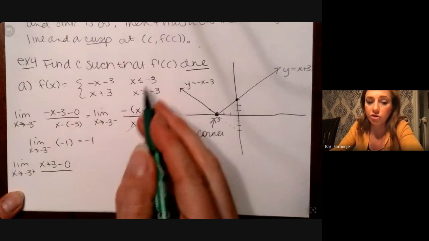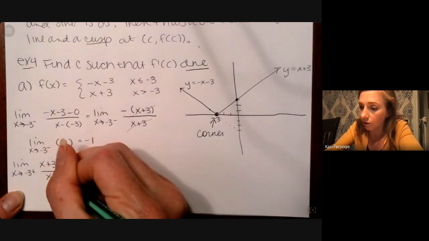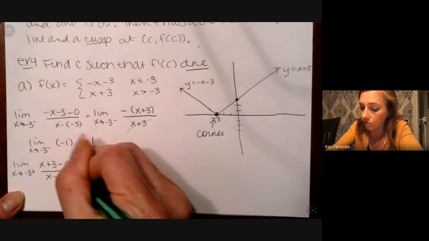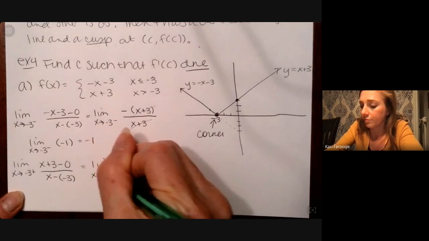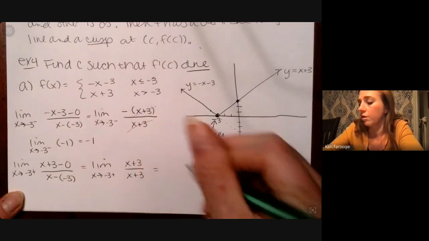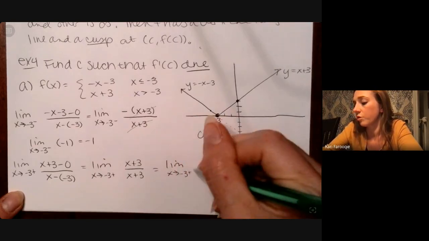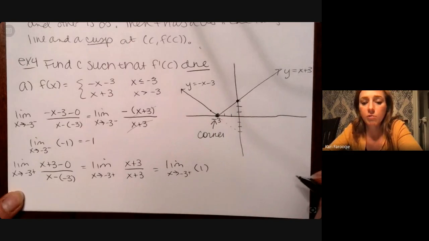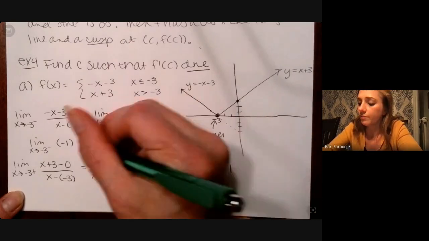You can use your function to determine that. And then we'll subtract off x minus, and then c is -3. And cancel out the x plus 3's, and you get 1.